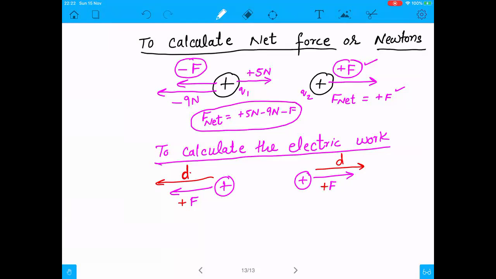If you let them move outwards, then both of them will experience positive work. That's why repulsion is given a positive sign irrespective of right and left or individual directions while calculating the electric work.